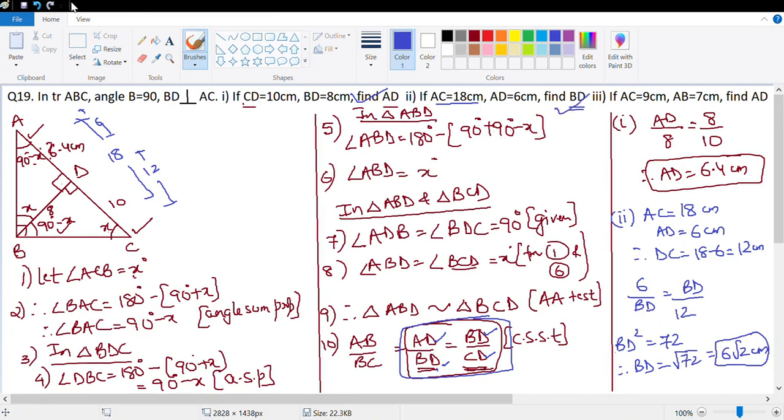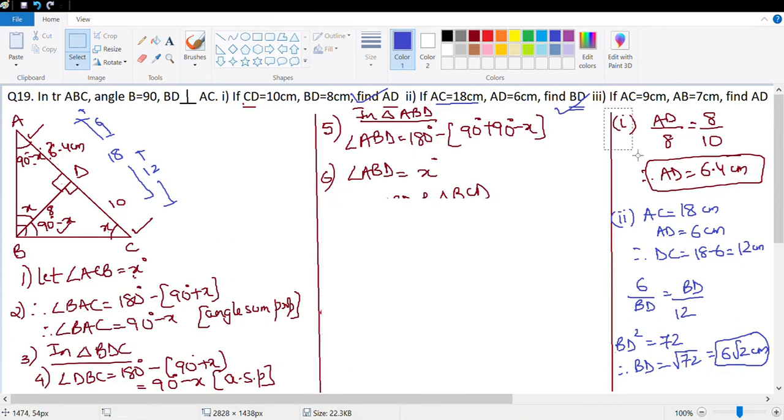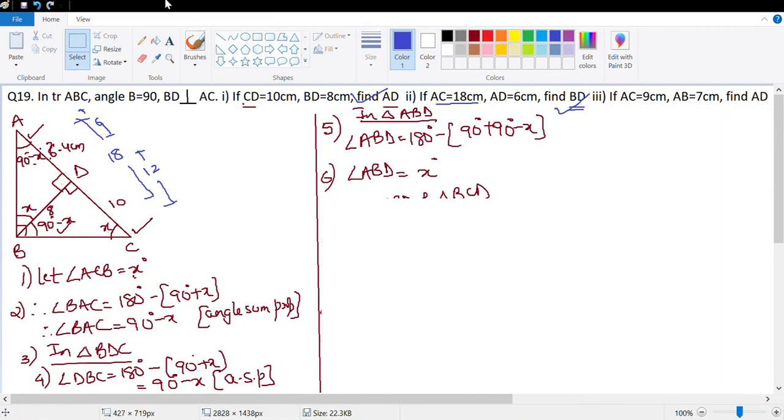We still have to solve the third part. So let me just erase whatever I've written, so that we are able to solve this further. But I'm not erasing the original part where we've tried to take the values of X and 90 minus X. For the third question, AC is given as 9, which means this big length is 9.